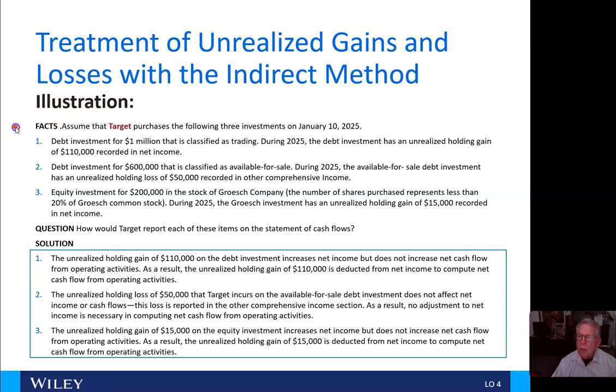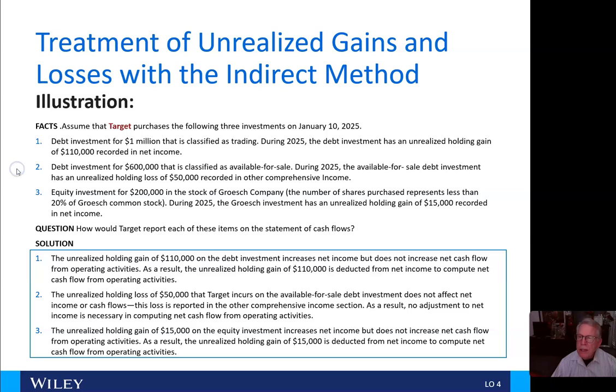Here, this illustration assumes Target purchases the following three investments on January 10, 2025. Number one, the debt investment for $1 million is classified as trading. During 2025, the debt investment has an unrealized holding gain of $110,000 recorded in net income.